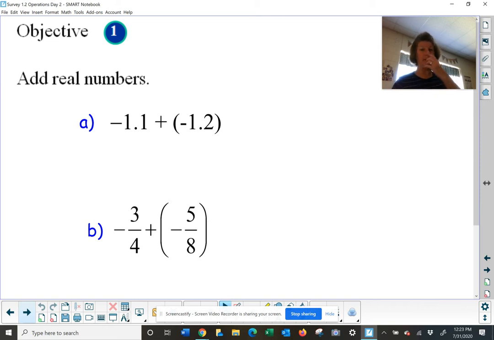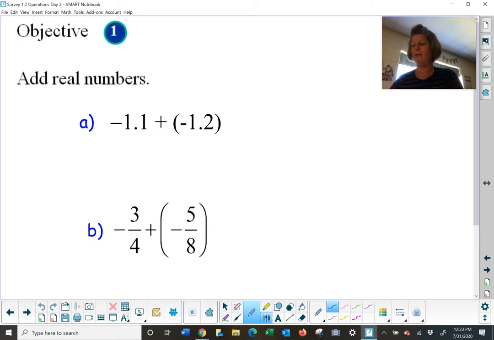Adding real numbers. You'll notice we've got some decimals, and sometimes people are like, "Ooh, it's been a while since I have done that." So let's just start right off, and here we go. I think because they're both negative numbers, I can simply put them together and say I'm going to have a negative result.